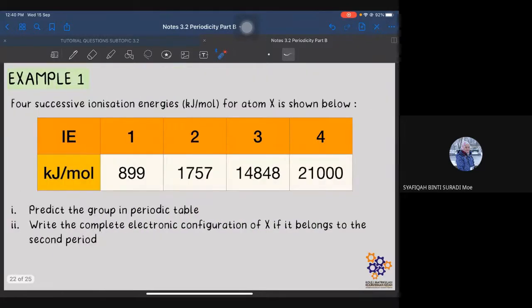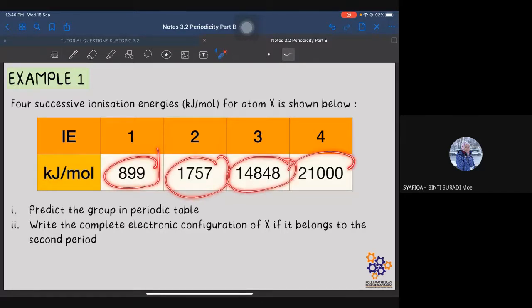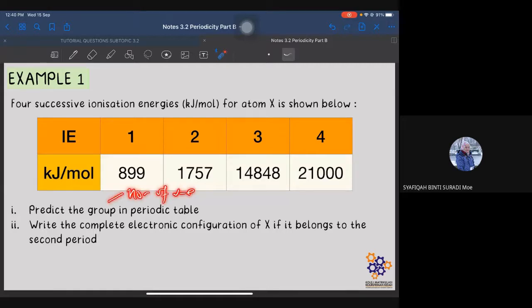Okay, kita tengok yang pertama, example yang pertama. So, this question kita akan guna kedua-dua method. Okay, so dia bagi kita 4 successive IE untuk atom X. Okay, so IE yang pertama 899, 1757, 14848, 21,000. Okay, so the first question asks you to predict the group in the periodic table. So, bila predict group, maksudnya kita kena tahu number of valence electron.